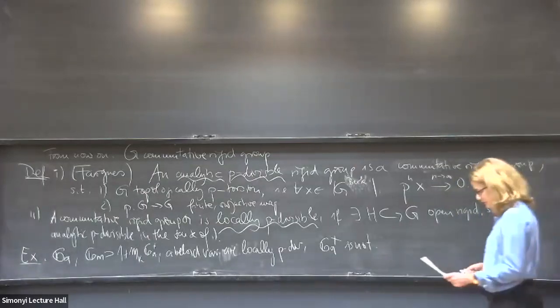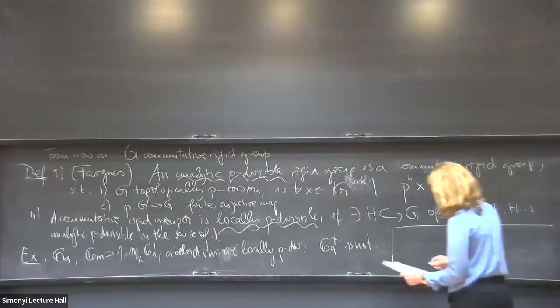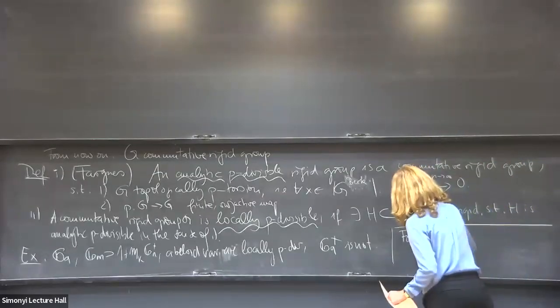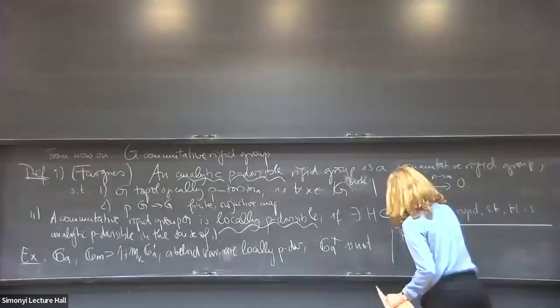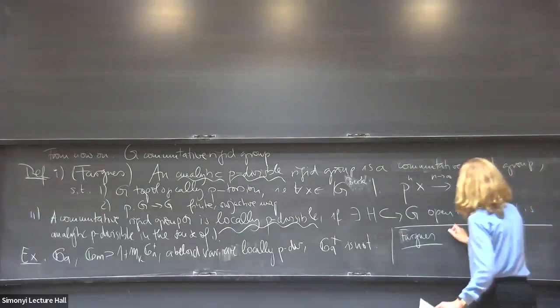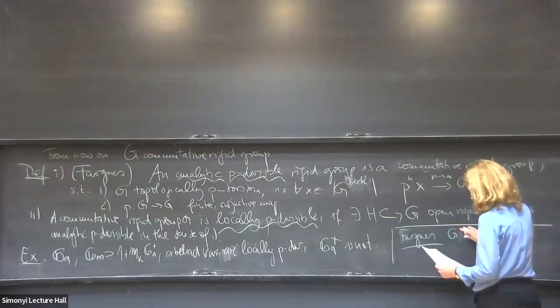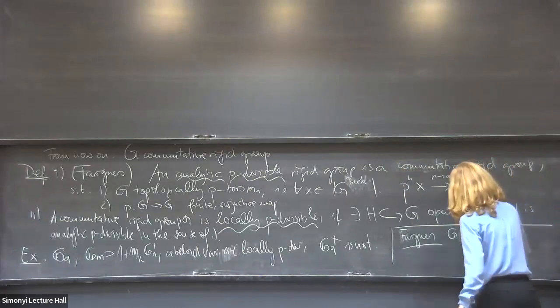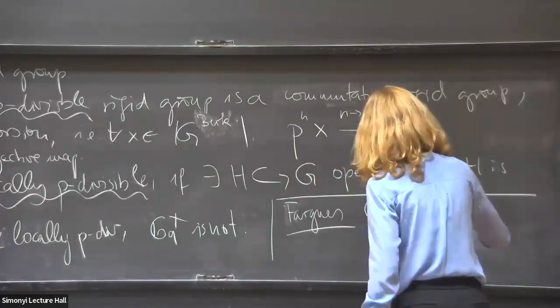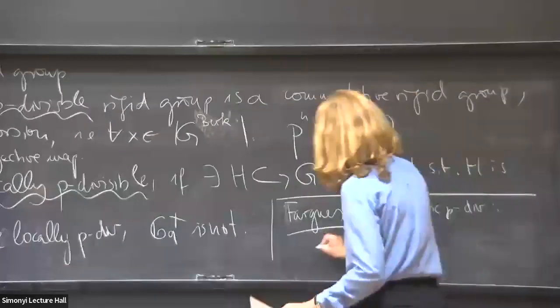Okay, and what we need also from Fargues's theory is the logarithm map he describes. So if G is locally, is an analytic p-divisible in a sense, then we construct a logarithm map.